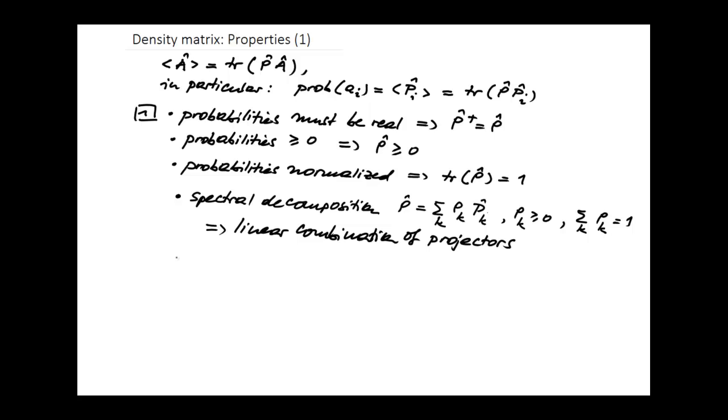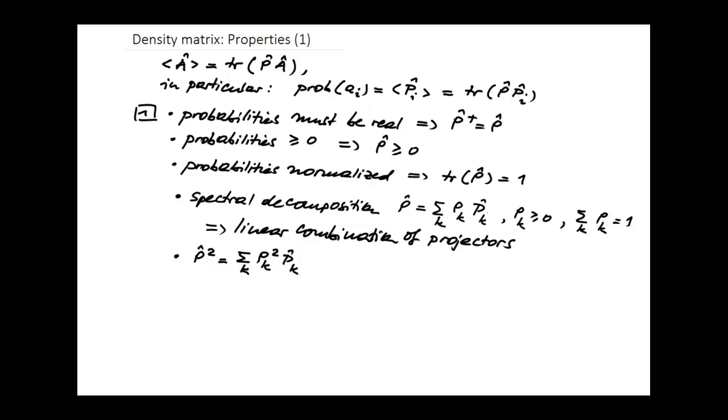Now, another property. When you take the square of a density matrix and you use the spectral decomposition, then this is equal to the sum over k of eigenvalue rho_k squared times the associated projector pk. Now the eigenvalues rho_k are numbers between 0 and 1.